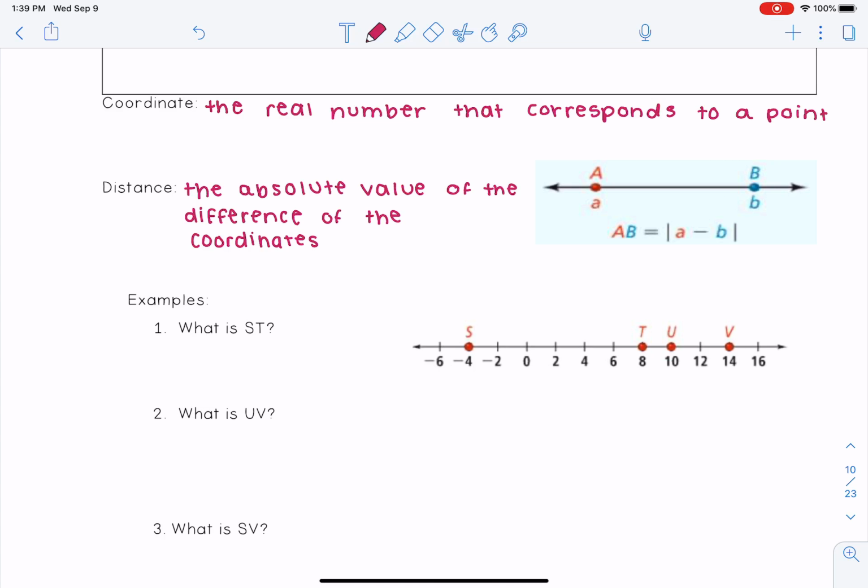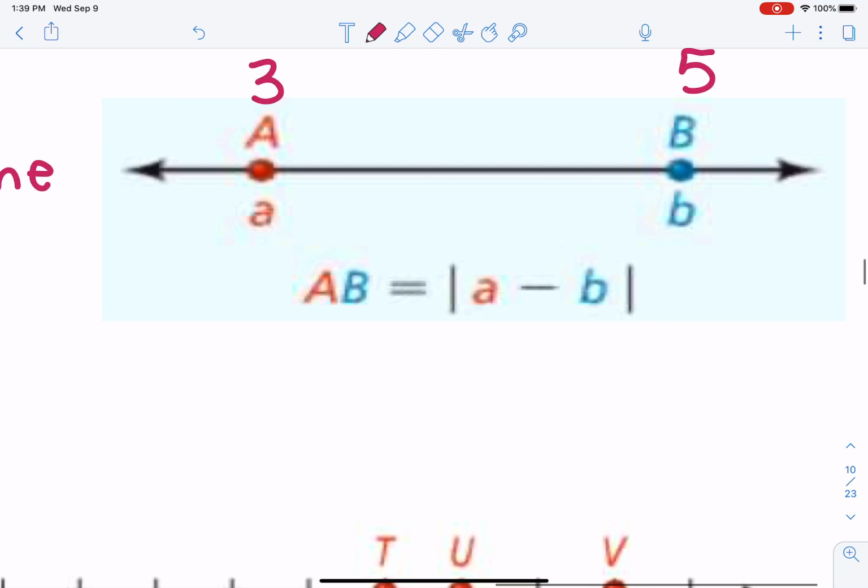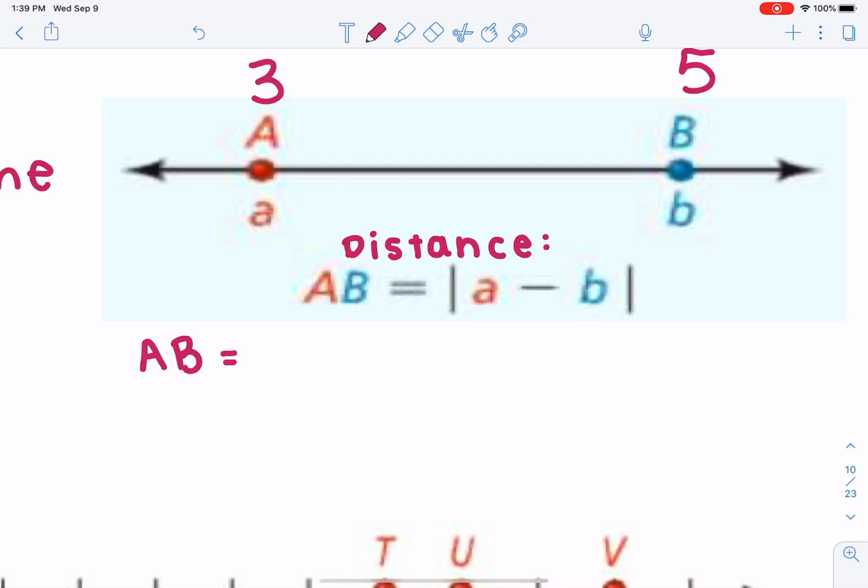So maybe for A we call that 3, and for B we call that 5. Then the distance AB is the absolute value of A minus B. Notice we don't put a line over it now because we're talking about distance.